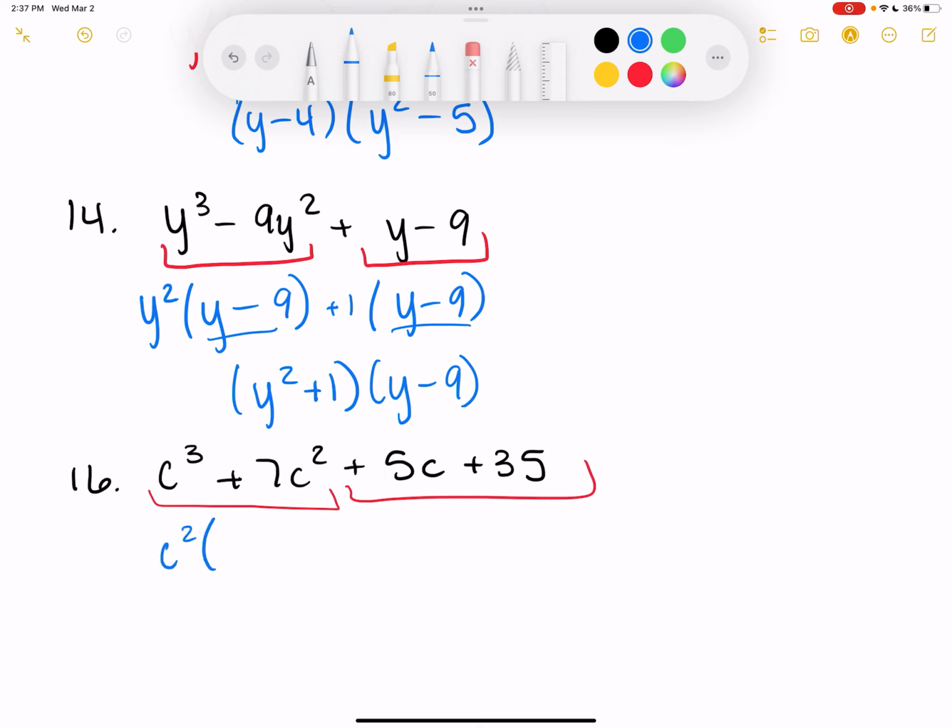And what does that leave me with? c plus 7. And then what can I take out of this one? 5, which leaves me with c plus 7. These are the same, so c squared plus 5 times c plus 7.